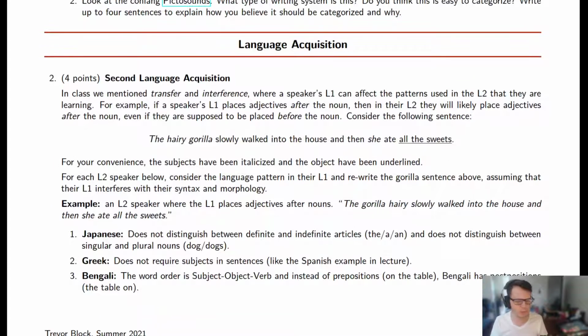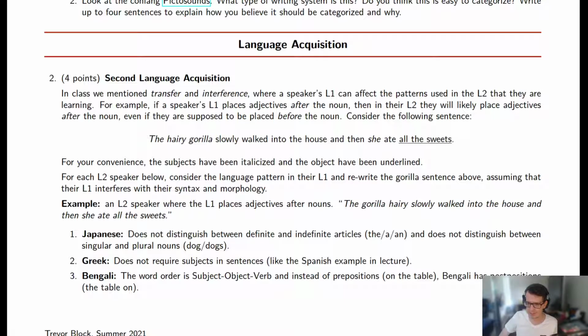Language acquisition, we have 1 question on second language acquisition and 1 question on first language acquisition. With second language acquisition, we're going to talk about transfer and interference, specifically interference. So we're taking a look at a sentence, the hairy gorilla slowly walked into the house and then she ate all the sweets.